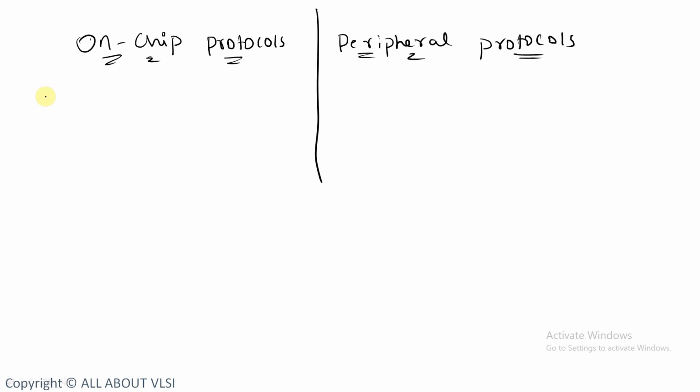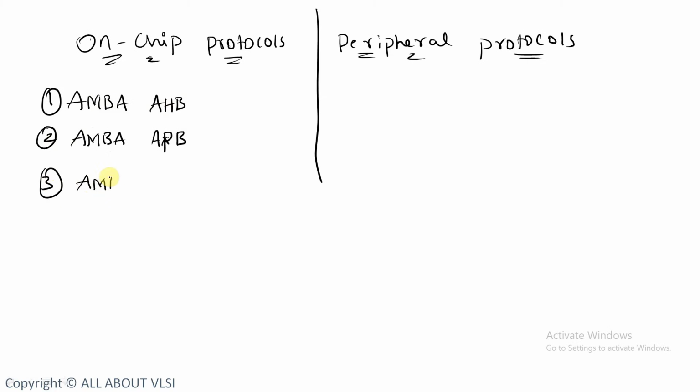Coming to on-chip protocols, first we are going to discuss AMBA AHB protocol, and next we are going to discuss AXI protocol. In our series we are going to learn the APB protocol, the AHB protocol, and the AXI protocol.